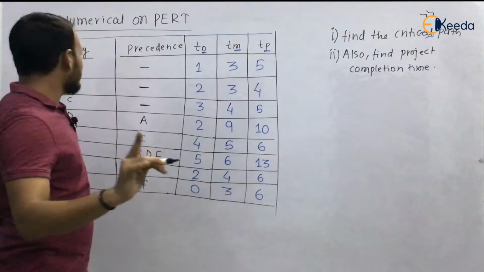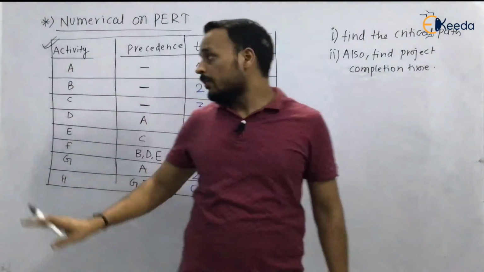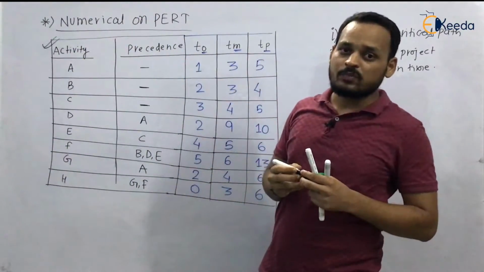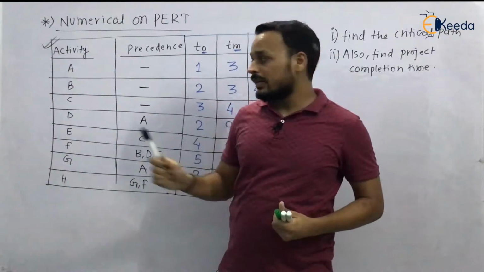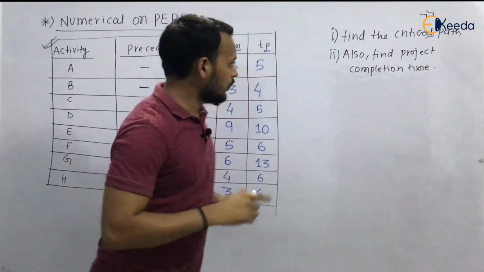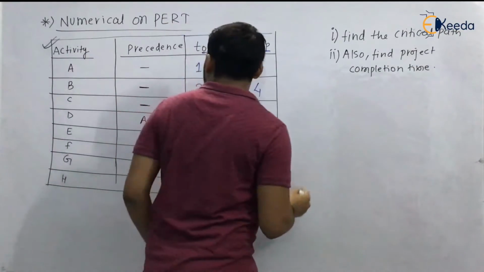This is a network diagram when nothing else has been said, and you know that activity and precedence are there. So you have to draw a network diagram in which the activity is present on the arrow and the event is present on the node. So we have to make the network diagram first. I am drawing it.